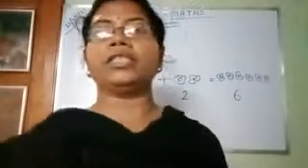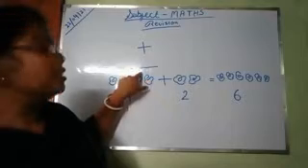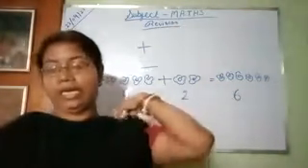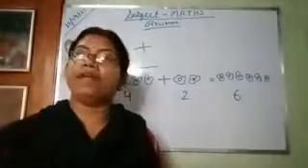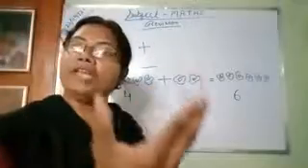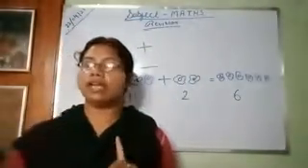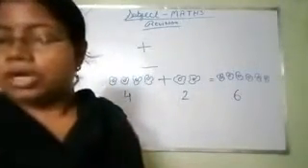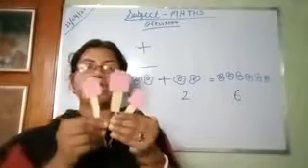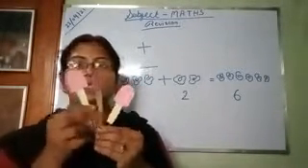Now the subtraction. This is the minus sign. This is called subtraction. Whatever the thing which we have, and I give away some of it, the left thing is called subtraction. Suppose I have 3 ice creams: 1, 2 and 3.